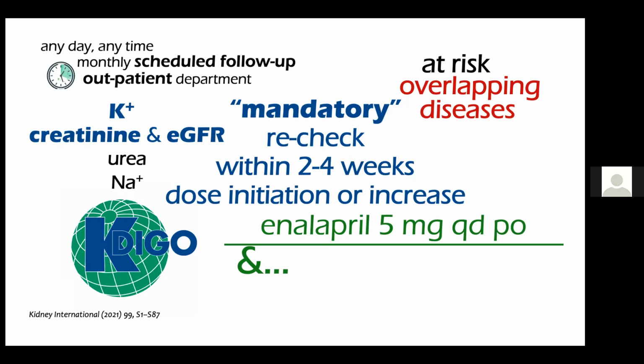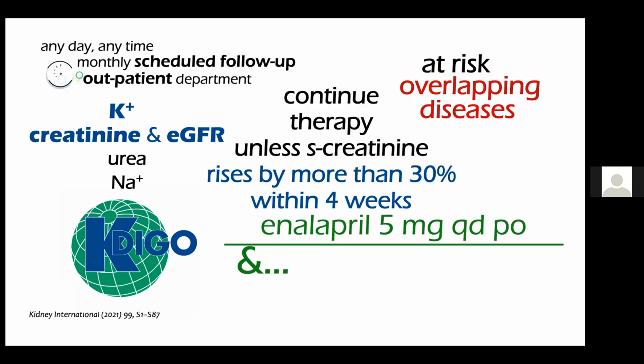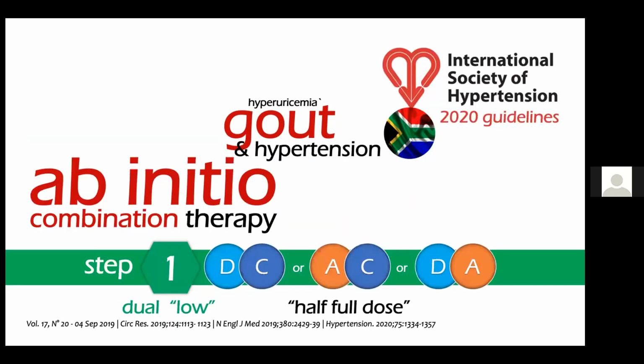Even when it is indicated, we are still bound for the patient's safety to go back 2 to 4 weeks later and recheck this kidney function and these electrolytes, for us to know that it is safe for our patient to carry on.